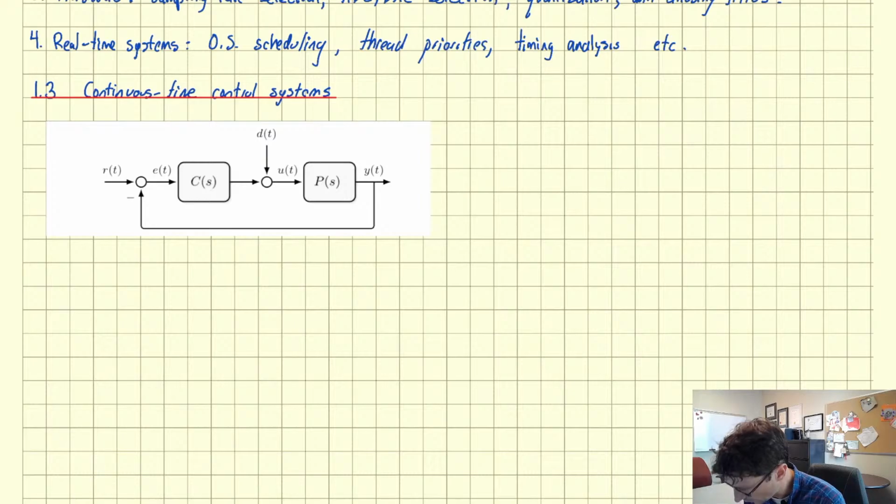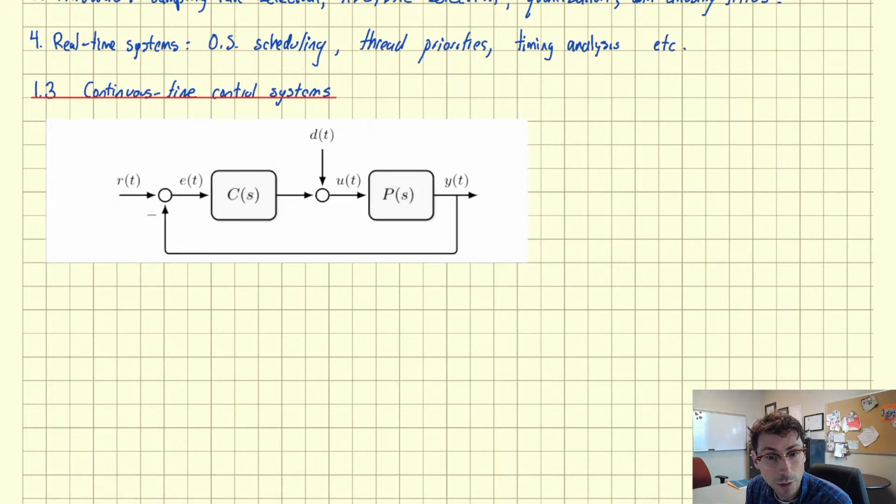Okay, so this is a diagram which you've probably seen many times in your third year course. You may have forgotten about it, but this is our continuous time control system. So in this figure, there are systems and signals. So let's go through what's in this diagram.